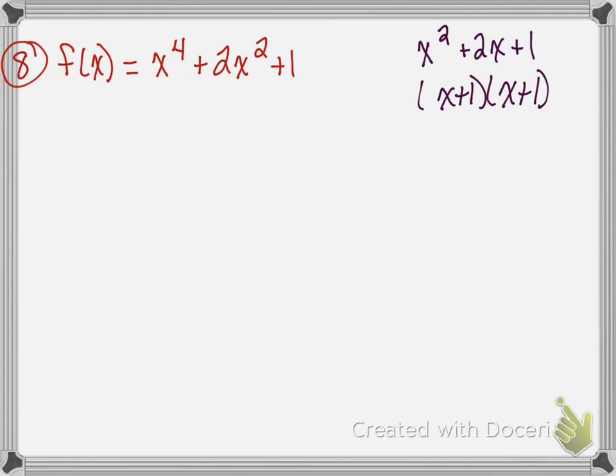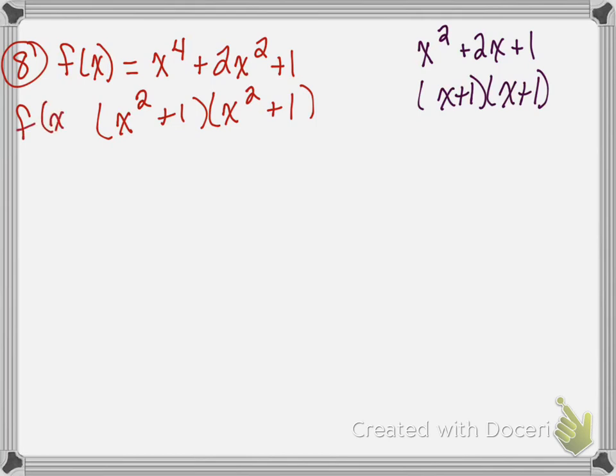Okay, that's how that gets factored. And that's because 1 times 1 is 1, and 1 plus 1 is 2. So instead of having the x there, we are going to have x squared. So I'm going to have x squared, and then I'm going to have plus 1 and plus 1.